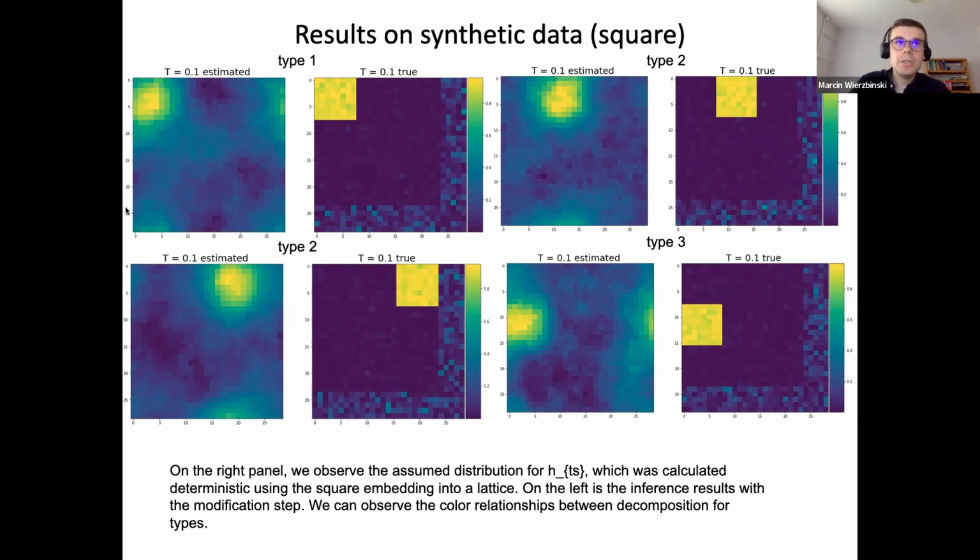Okay, and here we have the output of the Celloscope model, and on the right side we have the synthetic data. So it means that I have prepared this data for checking the performance. Okay, and we can observe the clear relationship between the compositions for types.